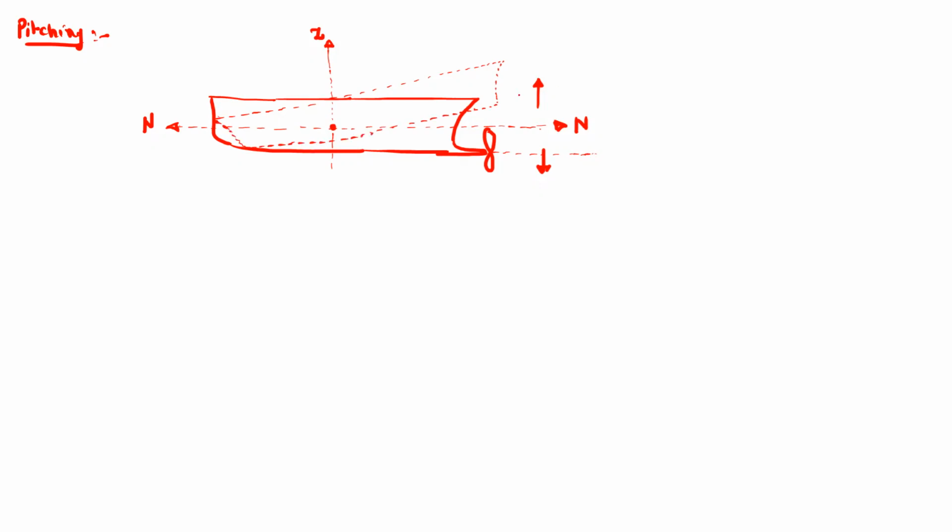Okay, so here the bow is moving in the upward direction, and a similar effect you can observe when the bow is falling down. Okay, so this is the pitching.